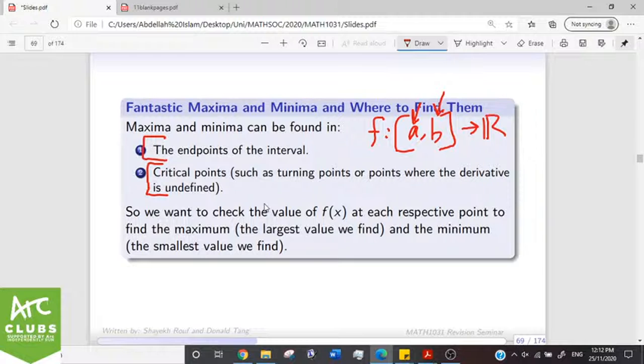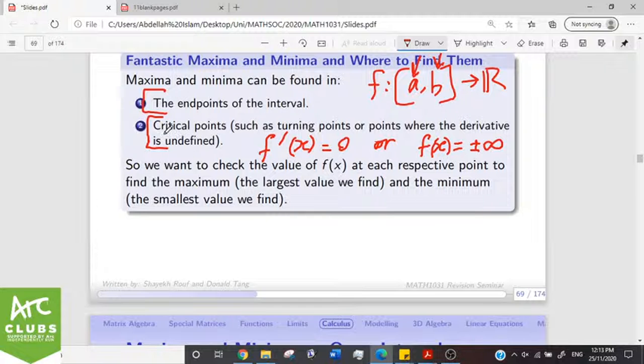Critical points are where f dash of x is 0, or f of x is plus or minus infinity. So you want to check all of these values to find your critical points.